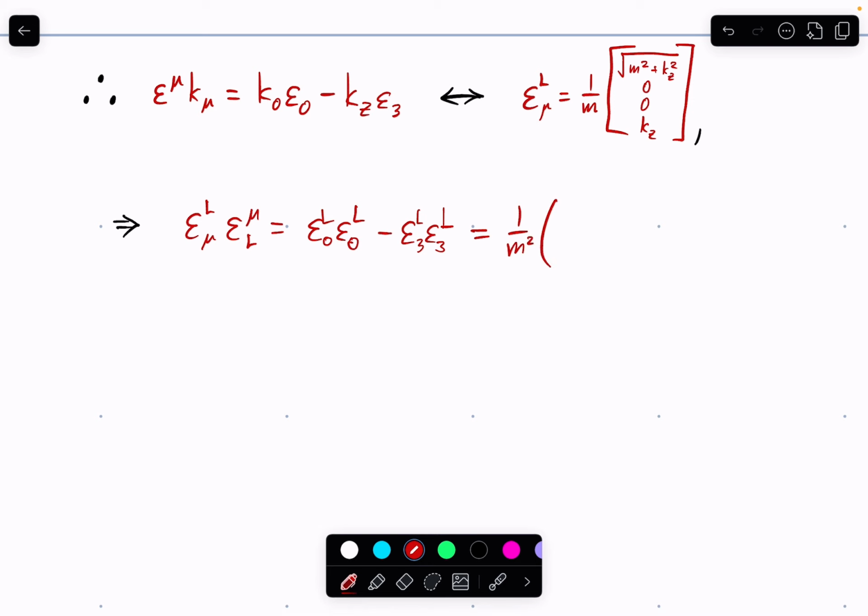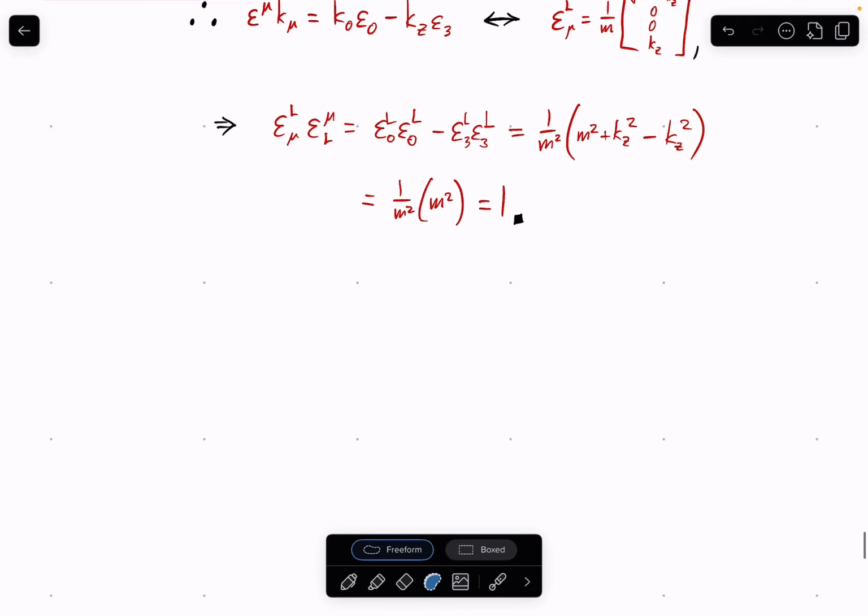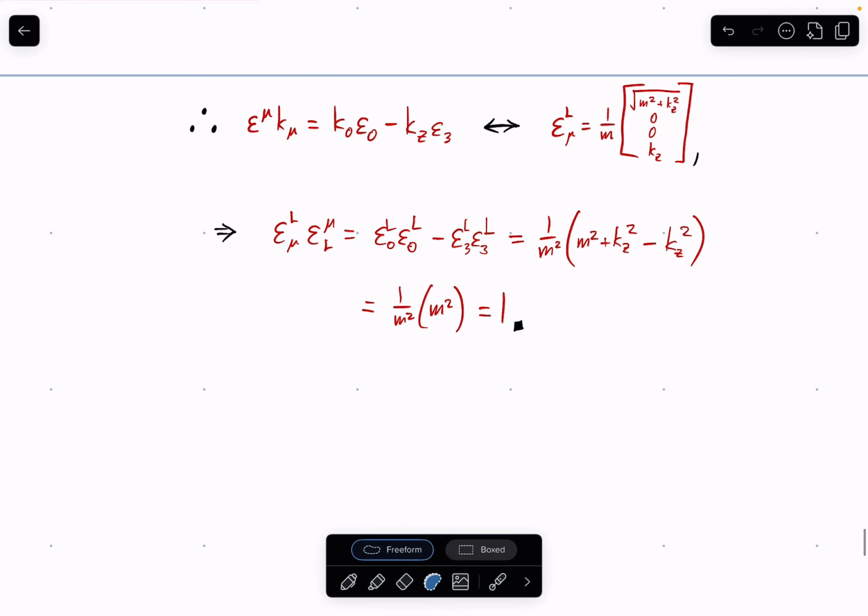It's the normalization constant. Then you get the square of the square root of m squared, so you just get m squared plus kz squared, then minus kz squared. And this is just equal to 1 over m squared, which is equal to 1. So this is a normalization factor.